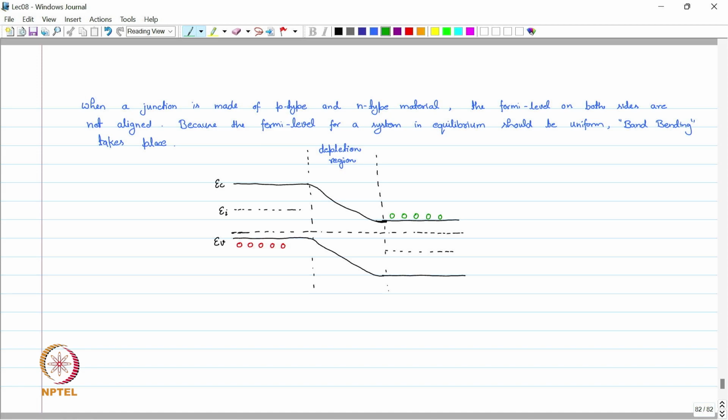And the energy band gap is, let's say, Eg, which is uniform on both sides. Eg is the band gap between this level and this level. This is Ec, this is Ev.